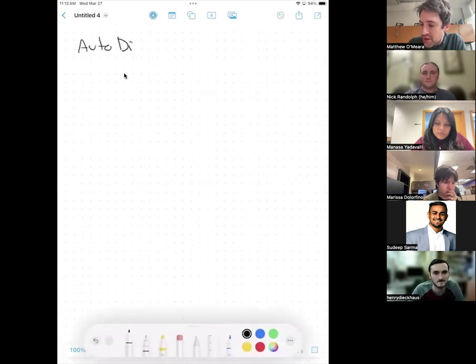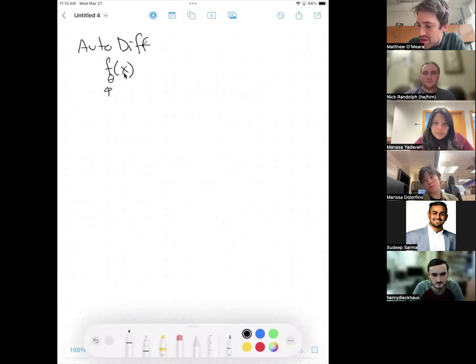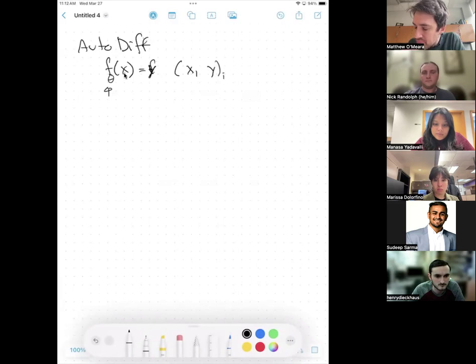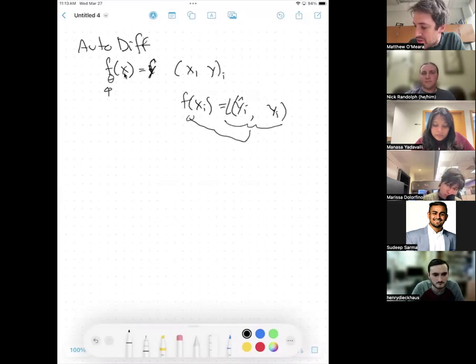So autodiff is an idea where if you have some function of x that's dependent on some parameters theta, and you want to fit the parameters based on some data, x and y, where this function is going to give you some prediction y, what you can do is compute the difference between the predicted f of xi, which gives yi hat, and the actual yi, using some loss function. And then we want to backpropagate this loss to fit the parameters here.